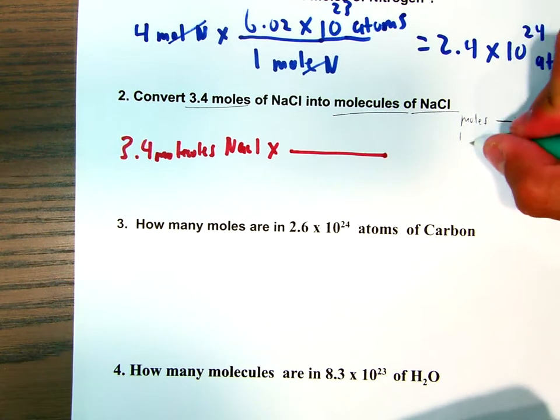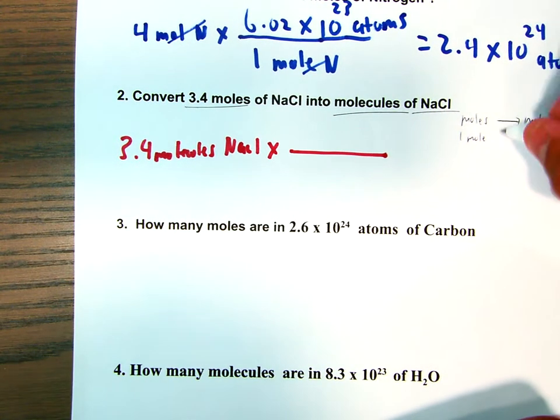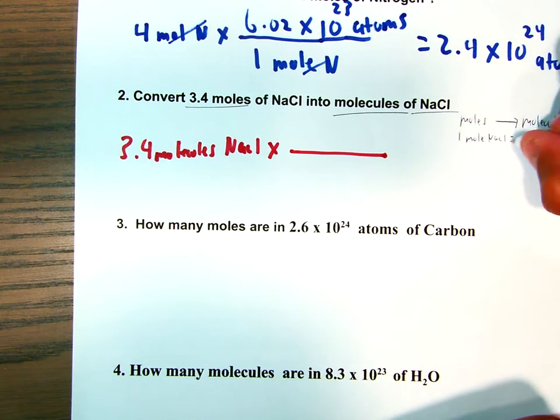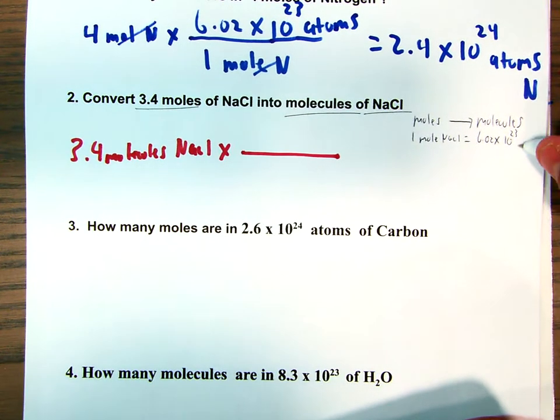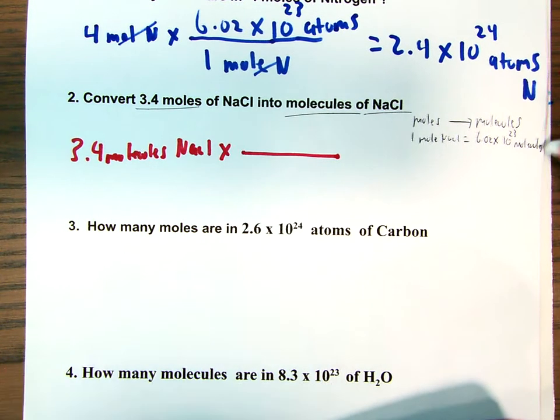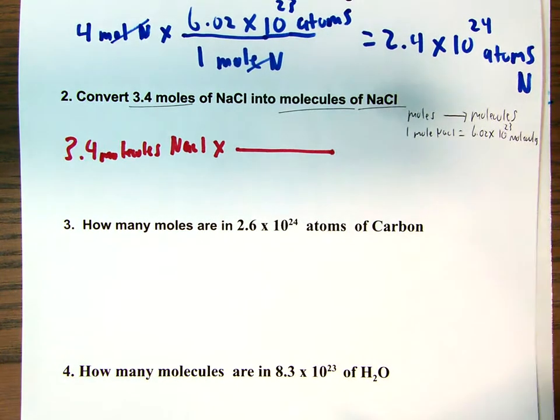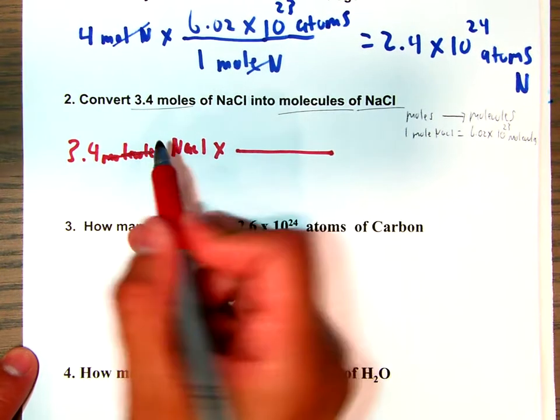I'm basically saying that 1 mole of NaCl equals Avogadro's number, 6.02 times 10 to the 23rd molecules. So that's where I'm getting these numbers from. Sorry, this should actually be moles here.